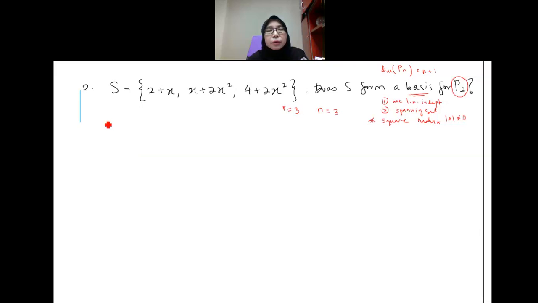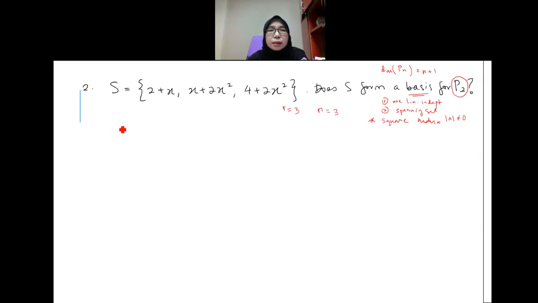First of all, of course, you should write in a linear combination. For linearly independent and spanning set, don't forget that the first step is you must write in a linear combination. All the vectors in a set are written in a linear combination. That means there are some scalars C1, C2, and C3.